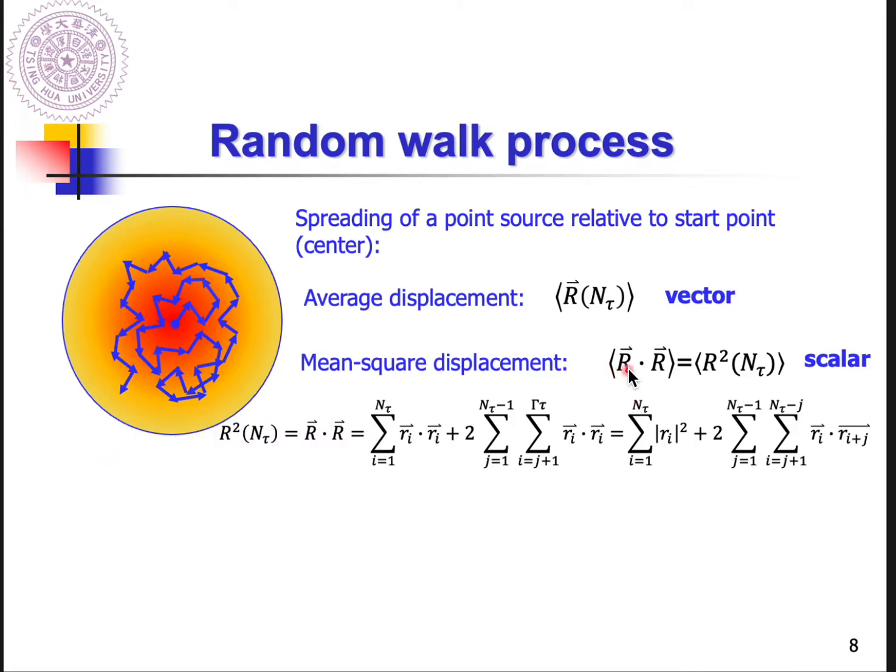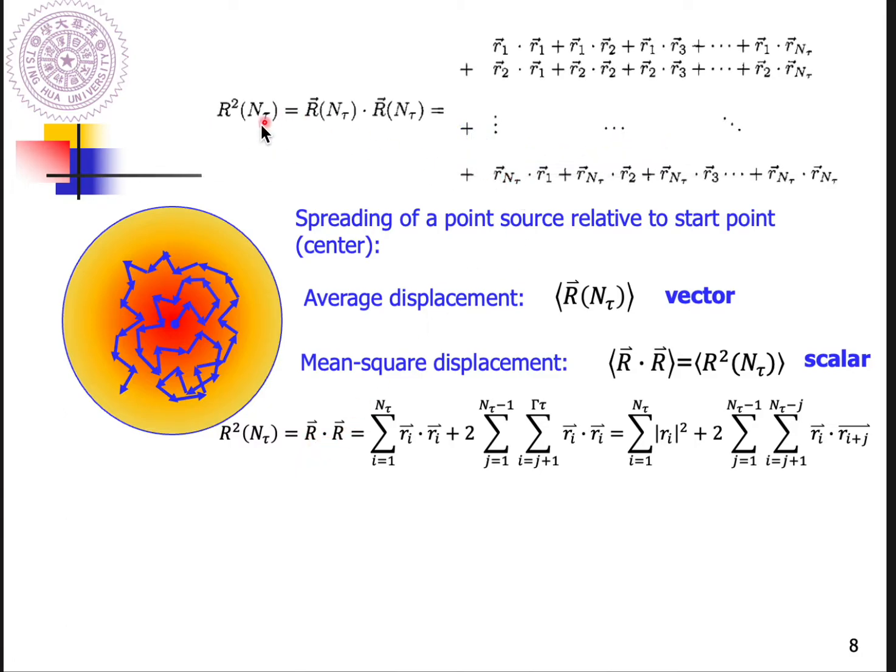So we try to dot R with R. R squared equals capital R dot capital R. Capital R is actually small r1 plus r2 plus r3 and so on, plus r n tau, right? And you dot the other term, which is also small r1 plus small r2 plus small r3 and so on.